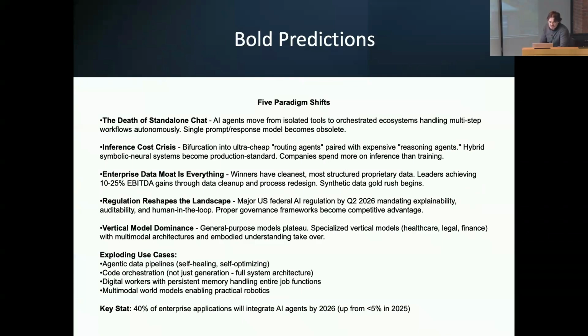So bold predictions, we'll have sudden death of standalone chats. I think that's becoming archaic, and now they'll be able to integrate these tools like agents or, for example, data scraping directly from chats. You'll have vastly more things.